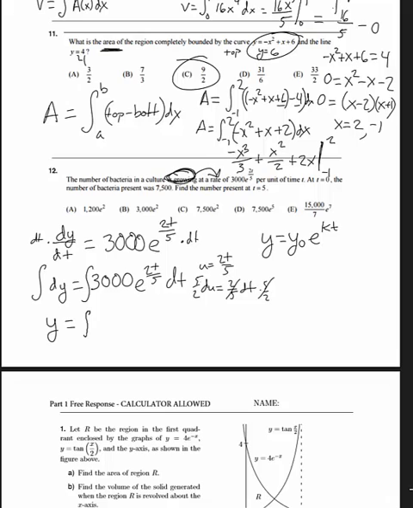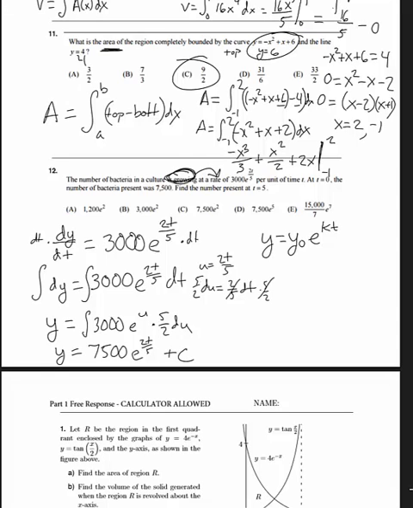So this is the integral of 3,000 e to the u times 5/2 du. That's going to give me y equals 3,000 times 5/2, which ends up being 7,500, and then the integral of e to the u is e to the u. We plug in u as 2t over 5 and then plus c.